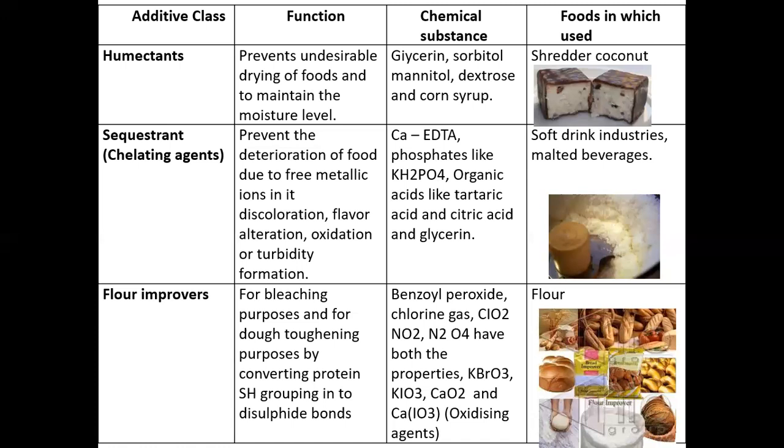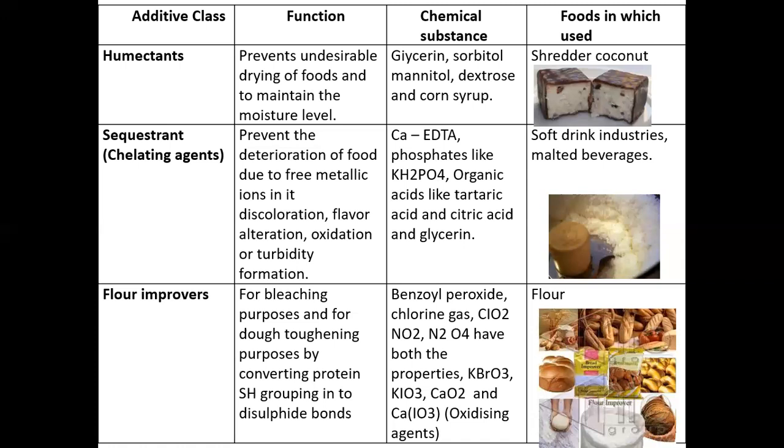Examples are calcium EDTA, phosphates, and organic acids like tartaric acid and citric acid, which help in removing those unwanted metal ions, because chelating agents will chelate or bind with them. This is mostly used in soft drinks, malted beverages, etc.